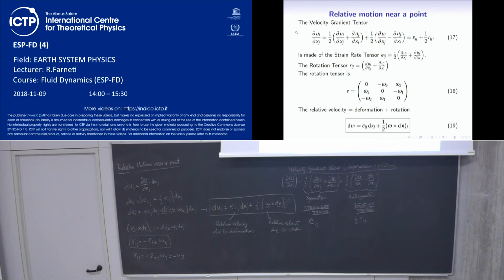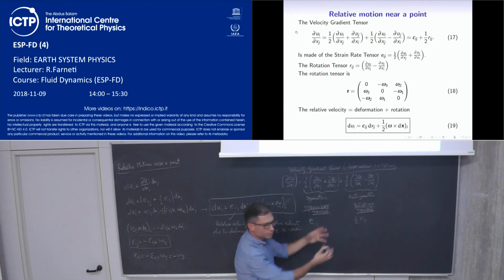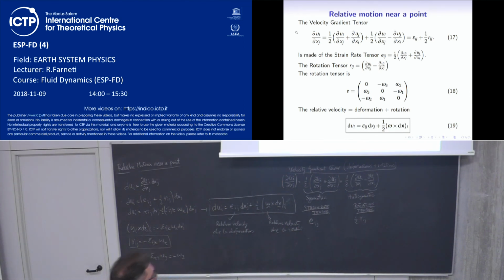Okay, so if you're interested in the relative velocity of your element of fluid, you can just express that with one tensor, which is your velocity gradient tensor, which has all the deformations and all the rotation tensors. So this is some big tensor, and you put these two together, the strain rate tensor plus the vorticity of the fluid.